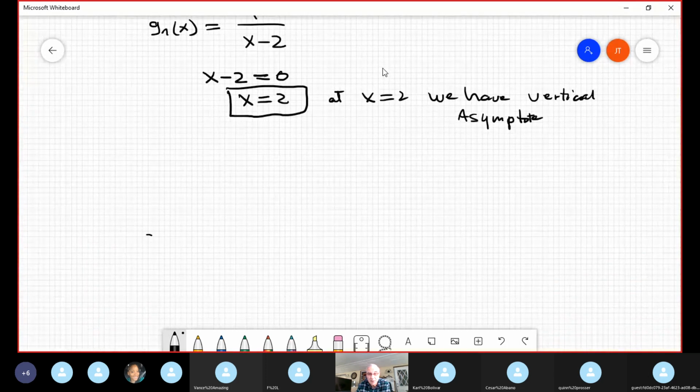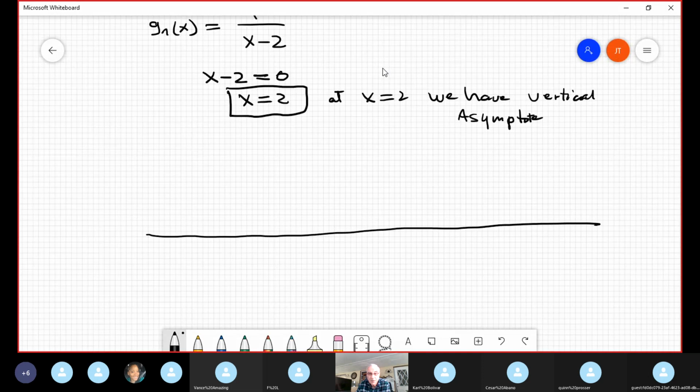Suppose this is my line. I know that at 3 we have a hole, but at 2 we have an asymptote. Something like that. Entonces, you evaluate before and after.